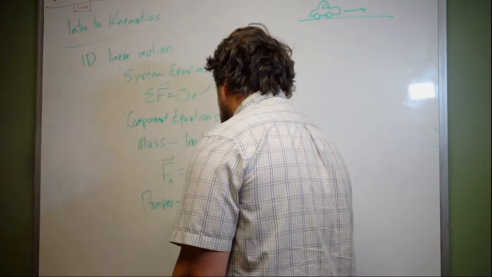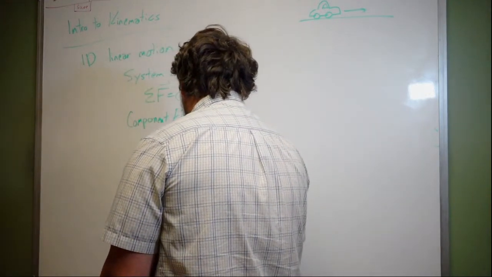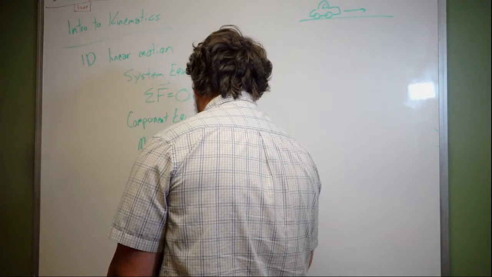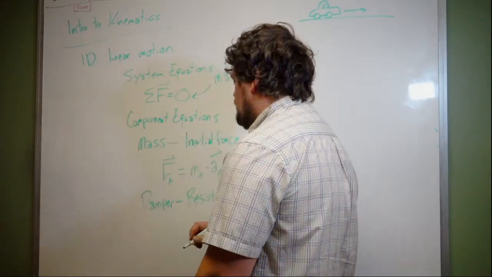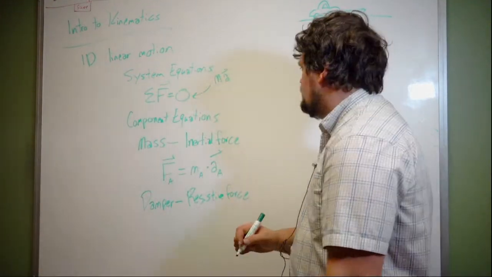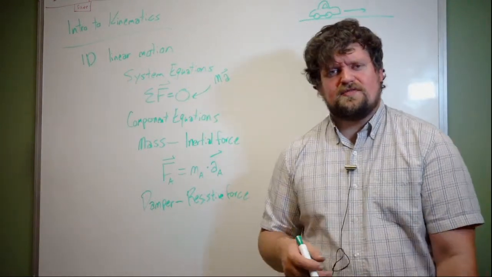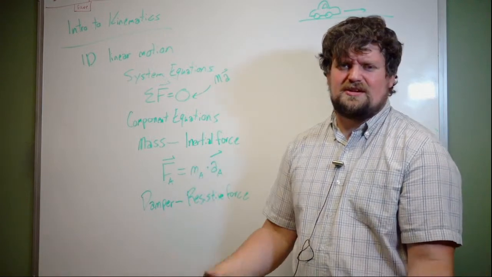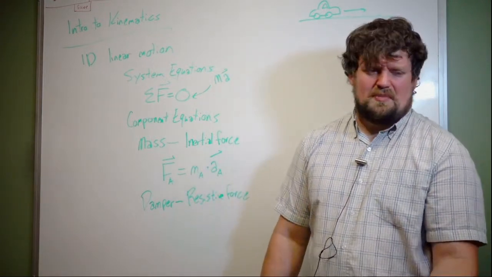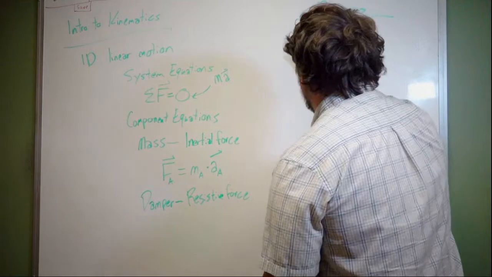Okay, this is also known as a resistive force. Basically, what a damper is may not be something you've seen in physics before, though we might have briefly talked about it in dynamics.